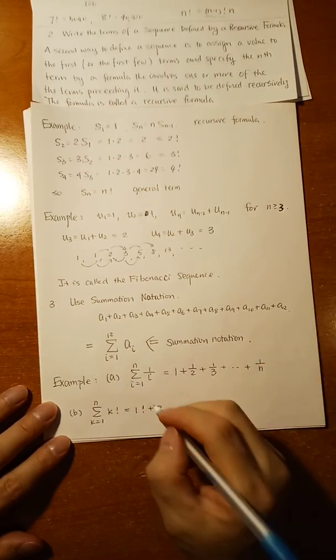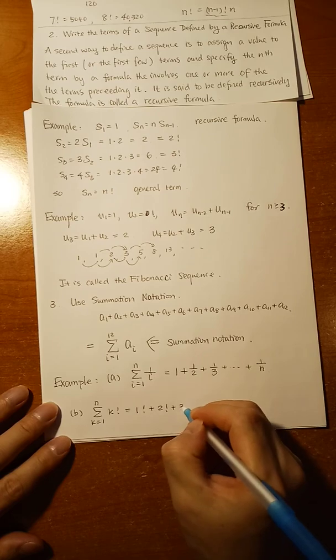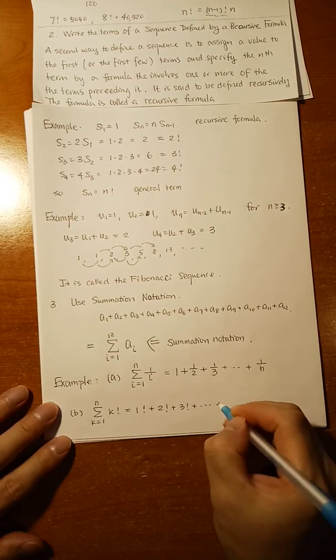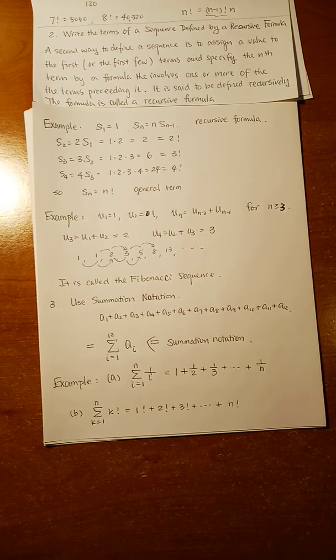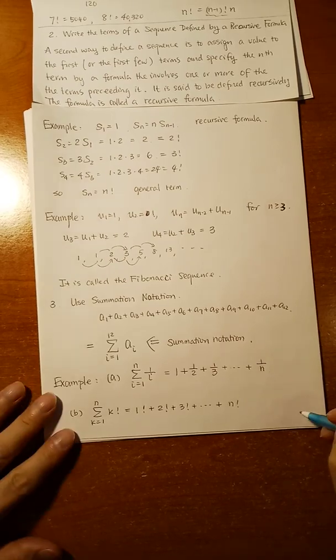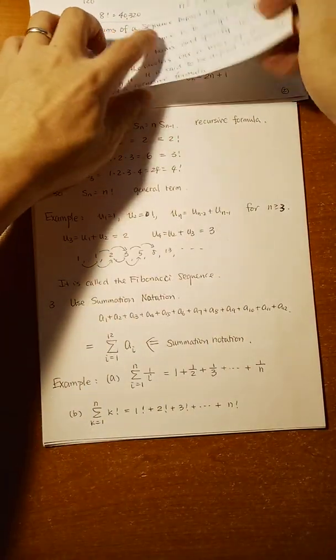It's always the integers. It's 2 factorial. And then next, the 3 factorial. Until you get n factorial. You add all those numbers together. So 1 factorial plus 2 factorial plus 3 factorial plus up to n factorial. Okay? So that's the example.